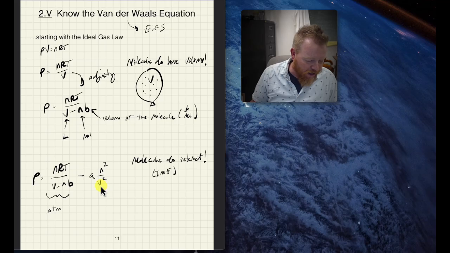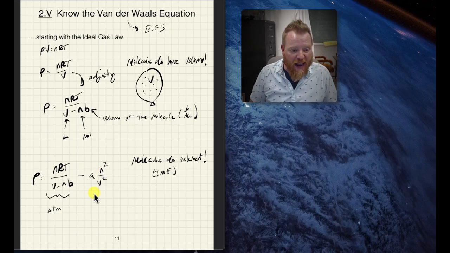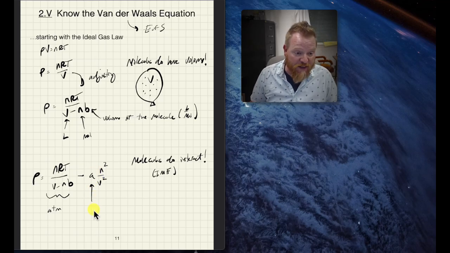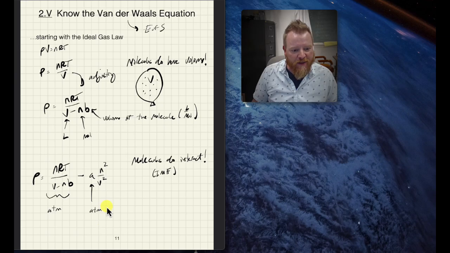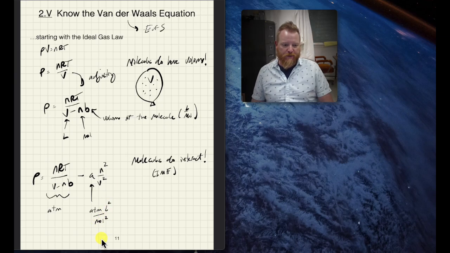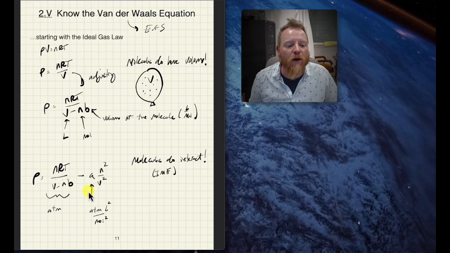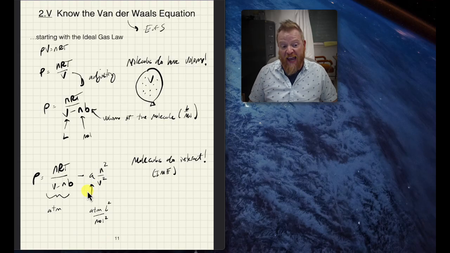So as we might imagine now, this a term is going to have units of atm, but it's also going to have units of liters and moles so that those units cancel. So this will have units of atm times liter squared divided by mole squared. And each molecule will have a specific a term.